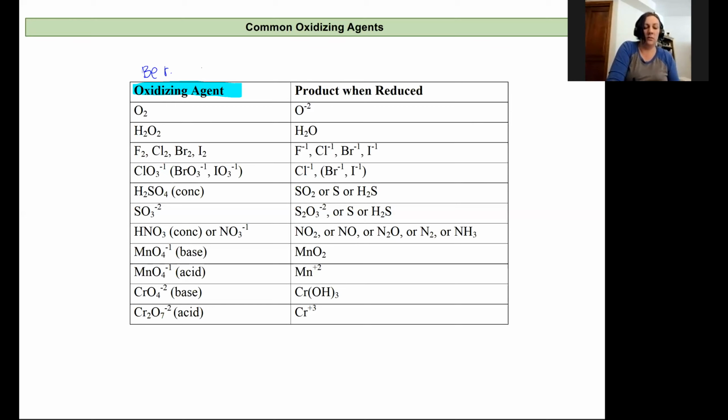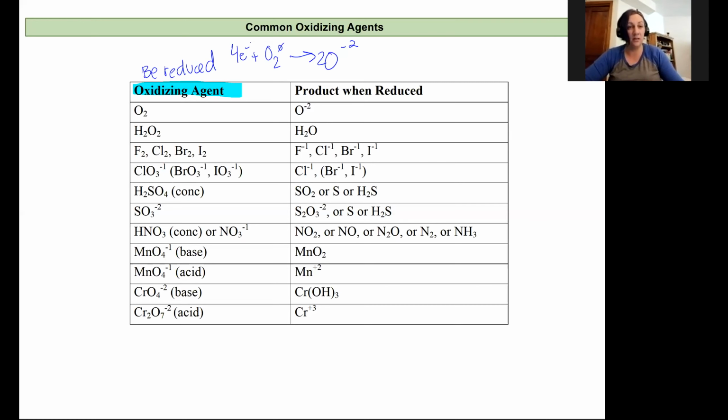reduced. So oxygen, which would have an oxidation state of 0, is being reduced to oxygen -2. And so each oxygen atom is gaining 2 electrons. And so this is going to oxidize something by 4 electrons to form those two O-2 atoms. Hydrogen peroxide is another very common oxidizing agent.